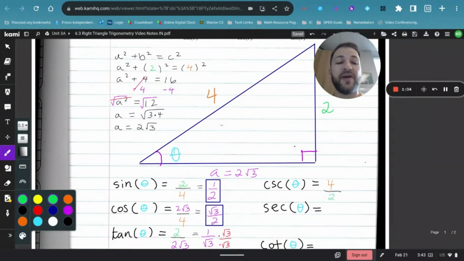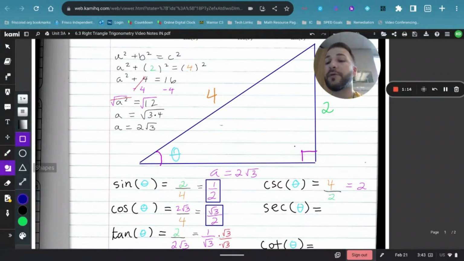So I can see very clearly that from sine of theta to cosecant of theta, their reciprocal is 2 over 4 becomes 4 over 2. And then, of course, 4 over 2 does reduce down to just 2. So that's all I'm doing as I'm moving from my original trig to my reciprocal trig, is I'm just taking that reciprocal, I'm switching the top and the bottom in the fraction.